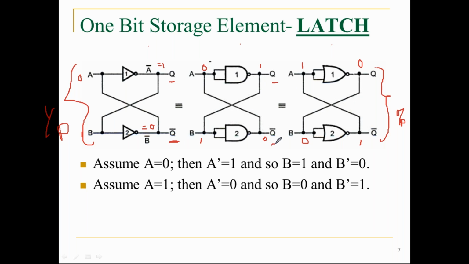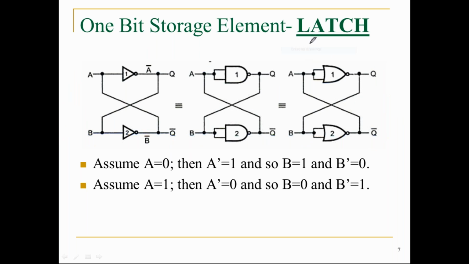Q here 1, here 0. Here Q is 0, Q bar is equal to 1. That's all. Whatever may be the assumption, the same thing holds in all three cases. This is the very fundamental thing in sequential circuits, that is, in a latch or a flip-flop.